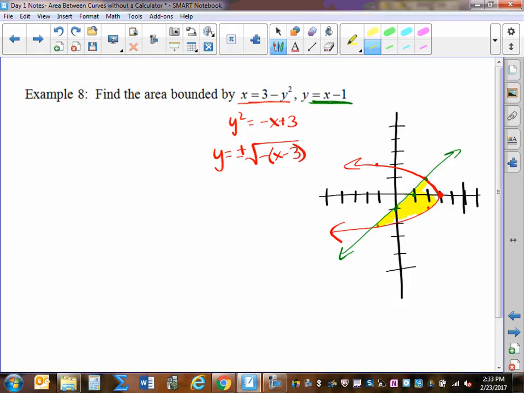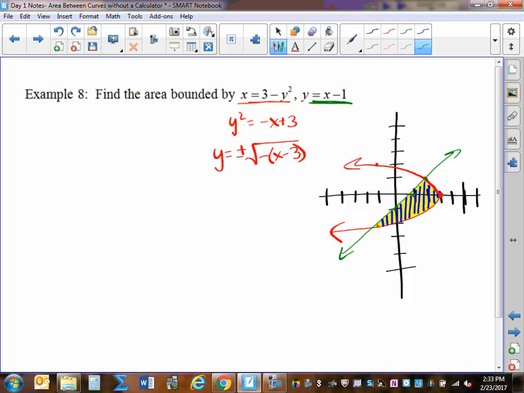Well, that's possible. Okay, so we agree this is the region that we're looking at. Okay, so now let's take a look at this. If I do this with respect to the x-axis, so vertically, if I try to do this vertically with respect to x, what is my issue?